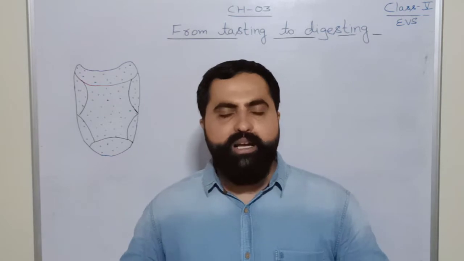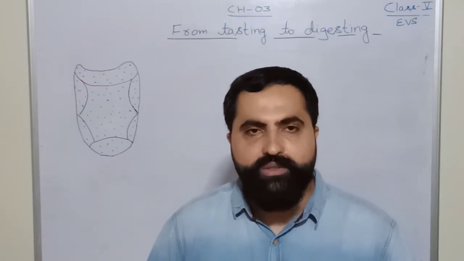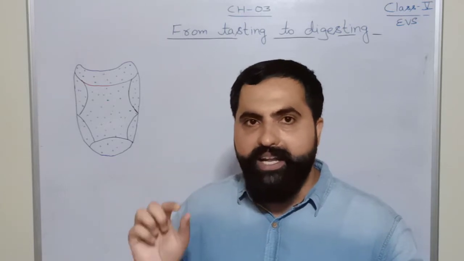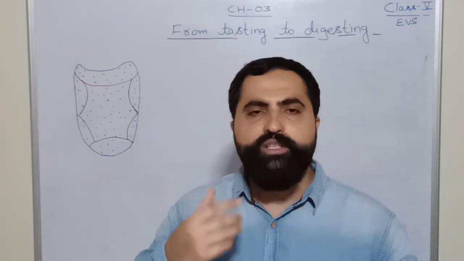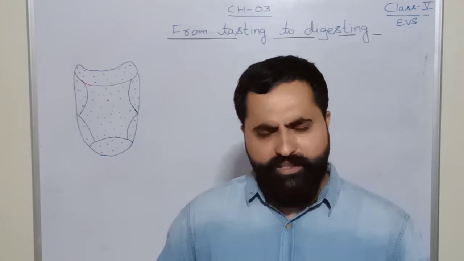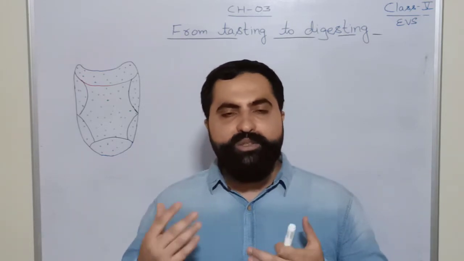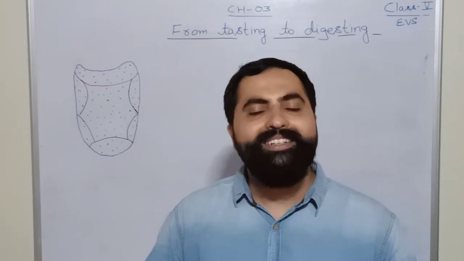Suppose I am drinking lemon juice, my taste buds tell us whether it is sweet or sour. So what is the taste of lemon? Sour. So different food items have different tastes.